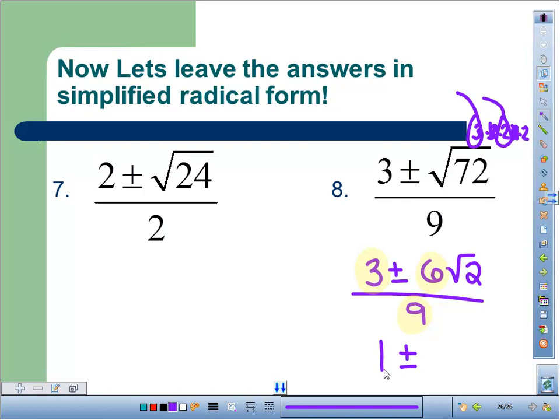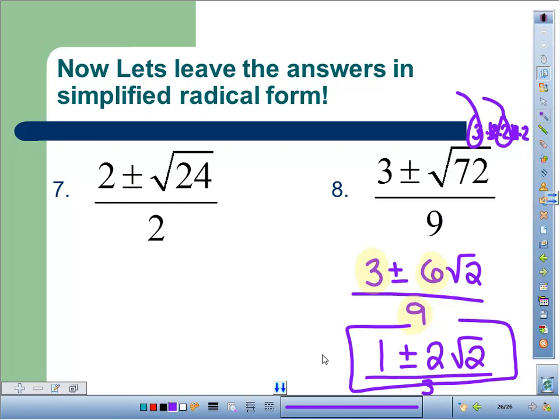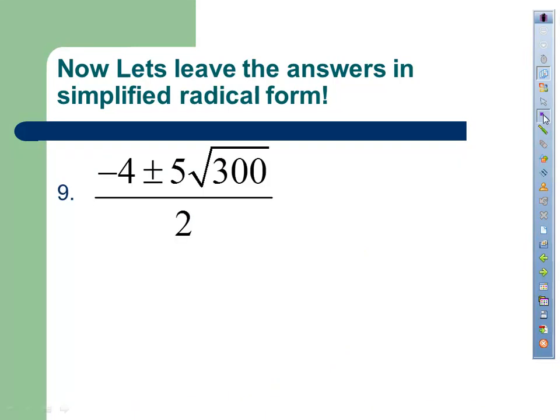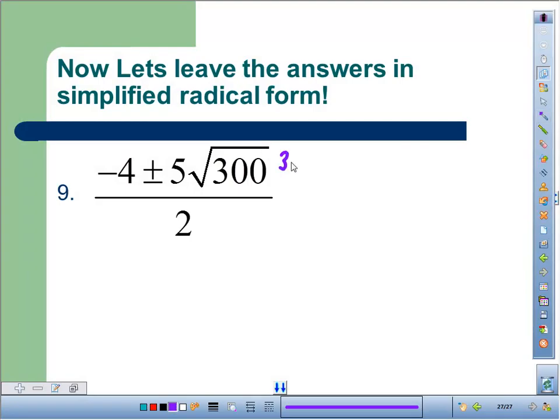You do not just ignore it. 3 goes into 3 once. 3 goes into 6 twice. And 3 goes into 9 3 times. There is your reduced fraction. Try number 9 on your own.